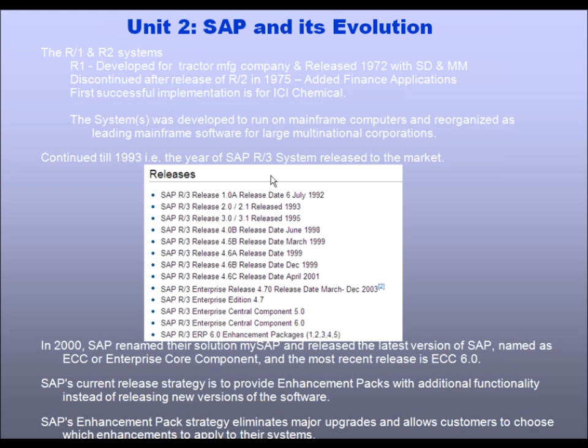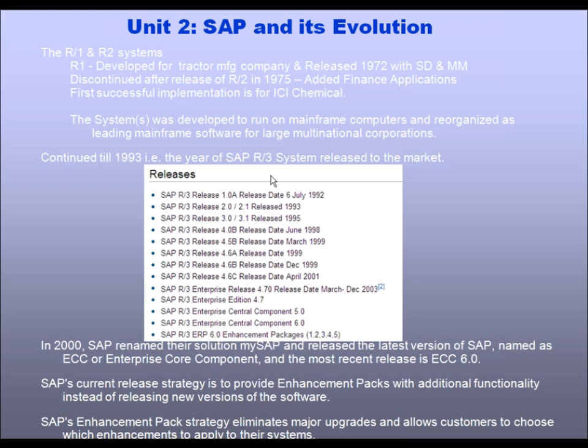Back then, if a company's business was running on a computer, each computer had all the applications and all the databases. The current client-server technology was not there. Therefore, they named it SAP R1.